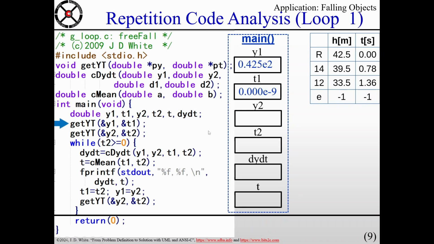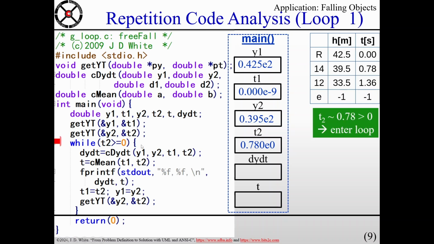Next line, we get y1 and t1. We read those two numbers in, 42.5 and 0.00 times e to the minus 9. We get the next one, 395 and 0.78, e to the 0. And we check. T2 is approximately 0.78.